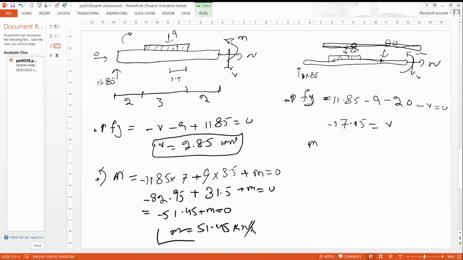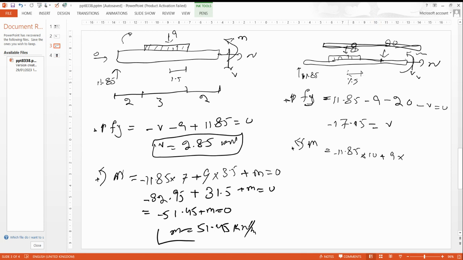Okay, so moment. This one is positive, so 11.85 multiplied by the total distance. And this one will be negative: the 9 multiplied by 1.5. Here is 2, and here is also 3.